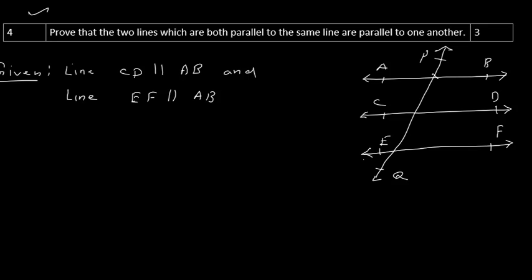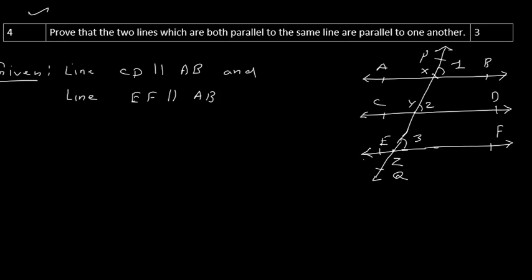So we can name these 3 points as X, Y and Z, okay. Now I will number these 3 angles as angle 1, angle 2 and angle 3.